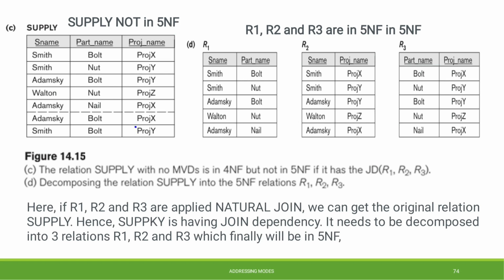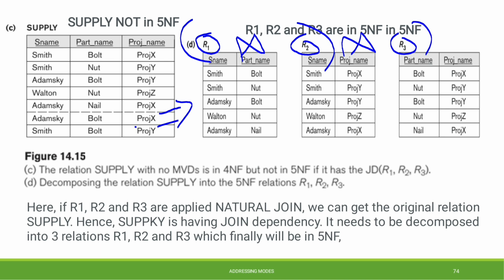That means we can decompose this relation into three relations, that is R1, R2, R3, and when we natural join R1 with R2 and the result with R3, we are able to get back the same original relation Supply.